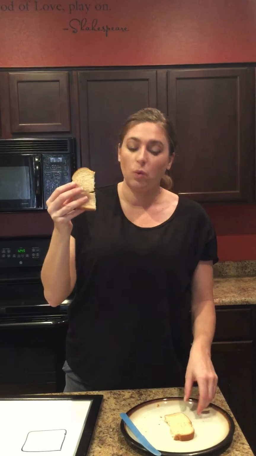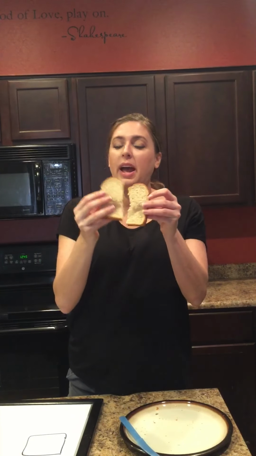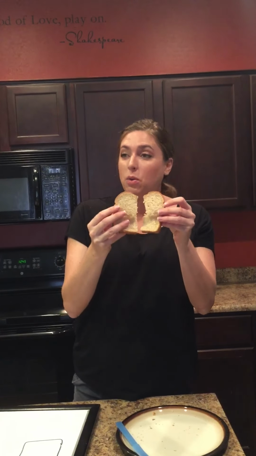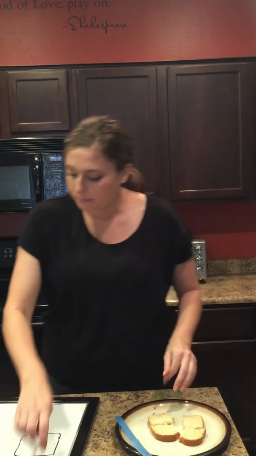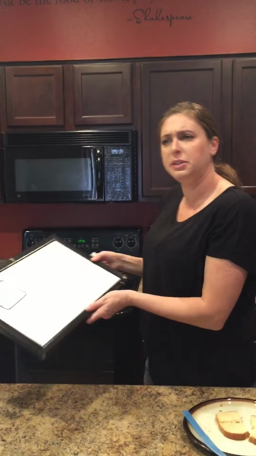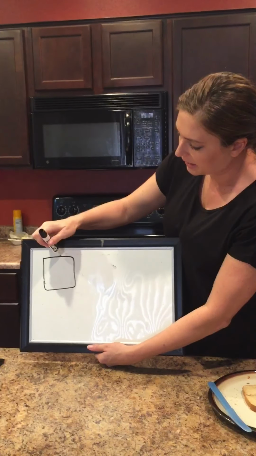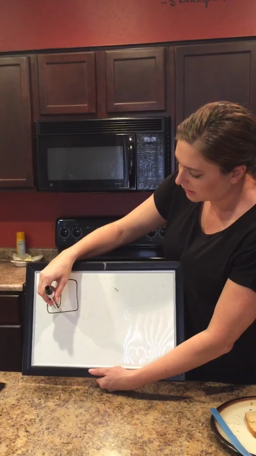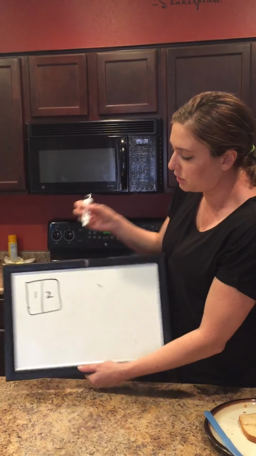So I'm going to eat 1/2 of my 2 halves that I've created by cutting my whole down the middle, right? So how can I show that on the board? What did I do? So I drew my square, I drew my sandwich, and then I cut it in half. I made 2 pieces, 1, 2.